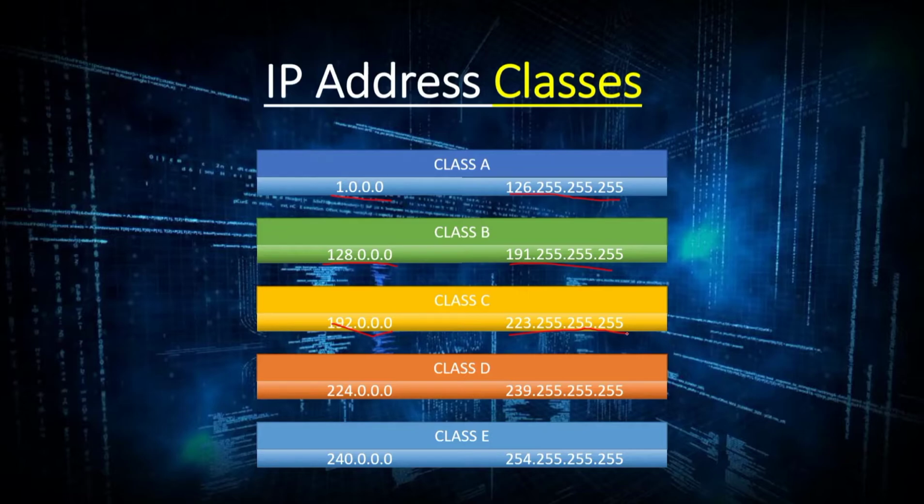Class D and class E have their own ranges, but class D and class E are reserved for multicasting, and for research and development work.